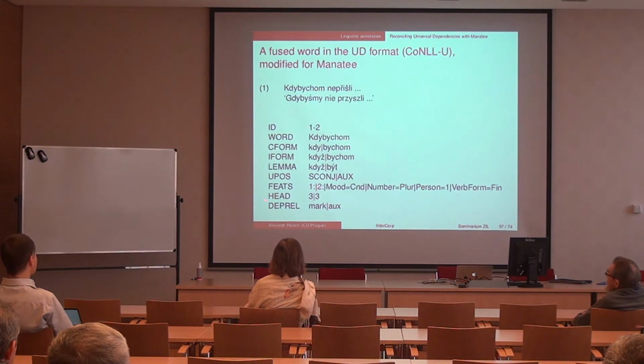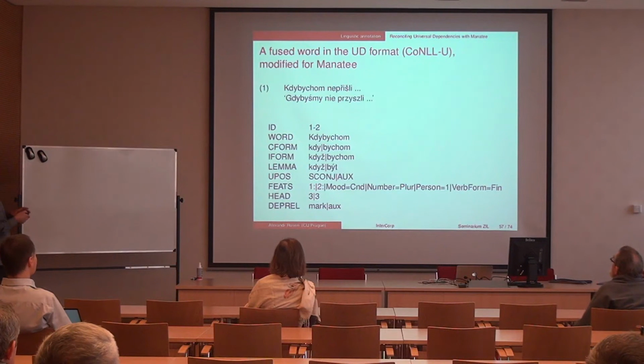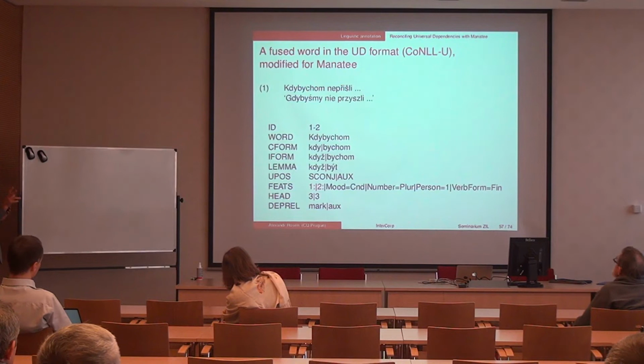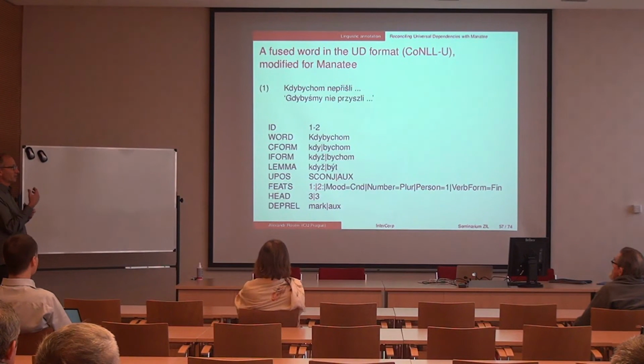In one of the proposals for how to treat this double tokenization in Manatee, the primary tokenization is for orthographic words, and then you have so-called multi-values for each attribute where you need to represent the syntactic words separately.